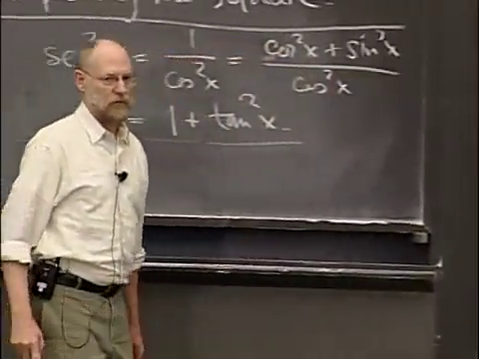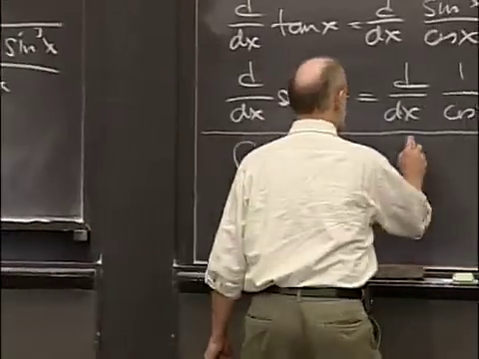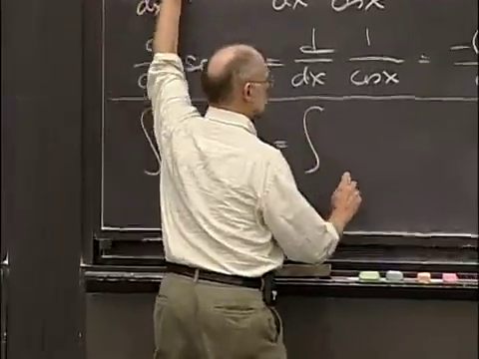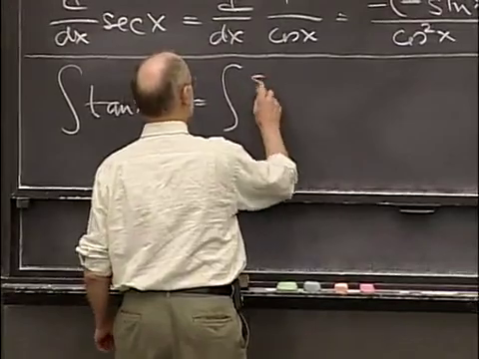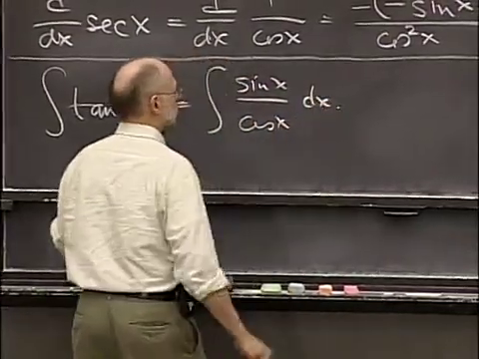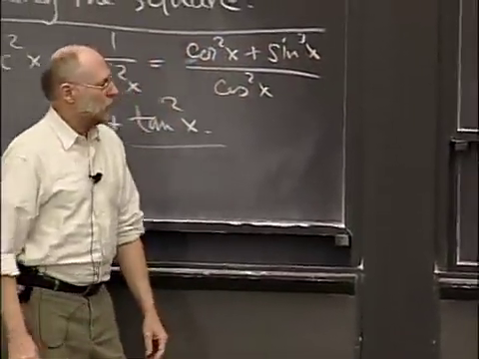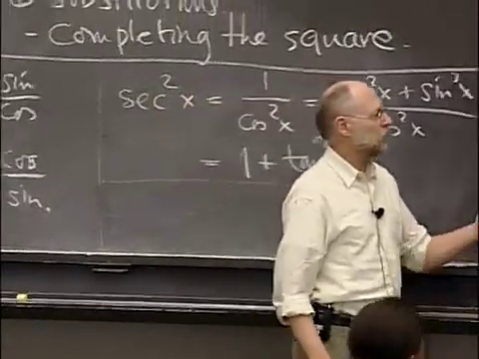Just do this straight out. So the tangent is the sine divided by the cosine. And now there's a habit of mind that I hope you get into.